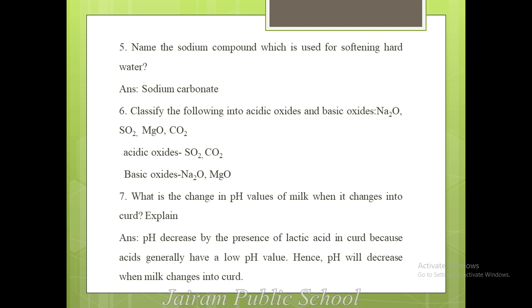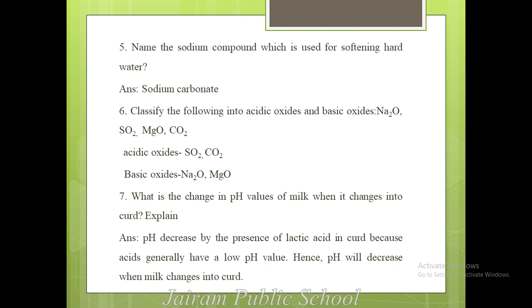And here is the next question. Classify the following into acidic oxides and basic oxides. They gave sodium oxide, sulfur dioxide, magnesium oxide and carbon dioxide.